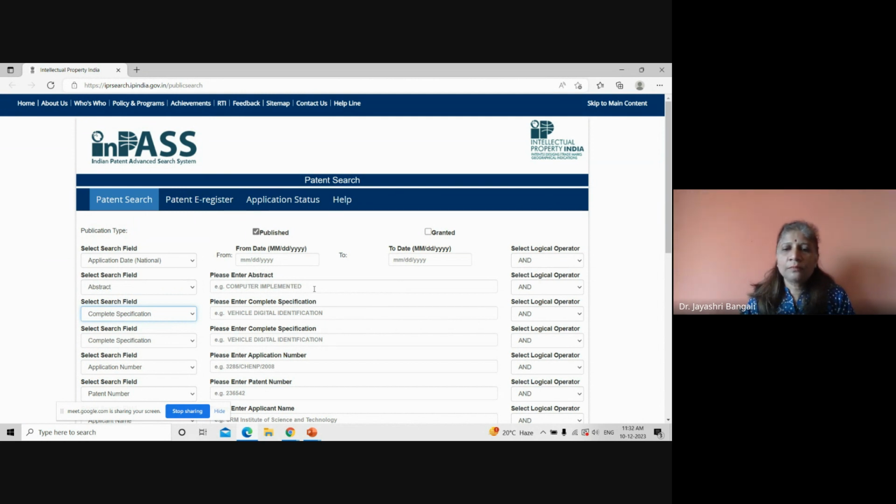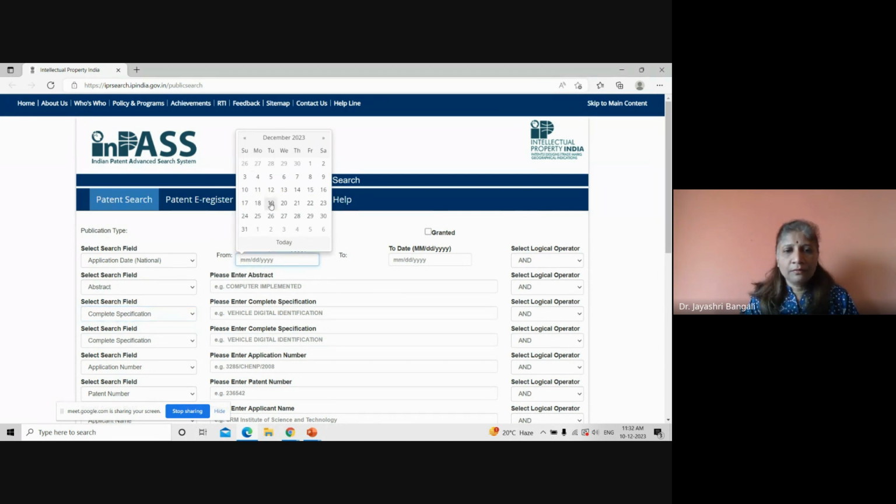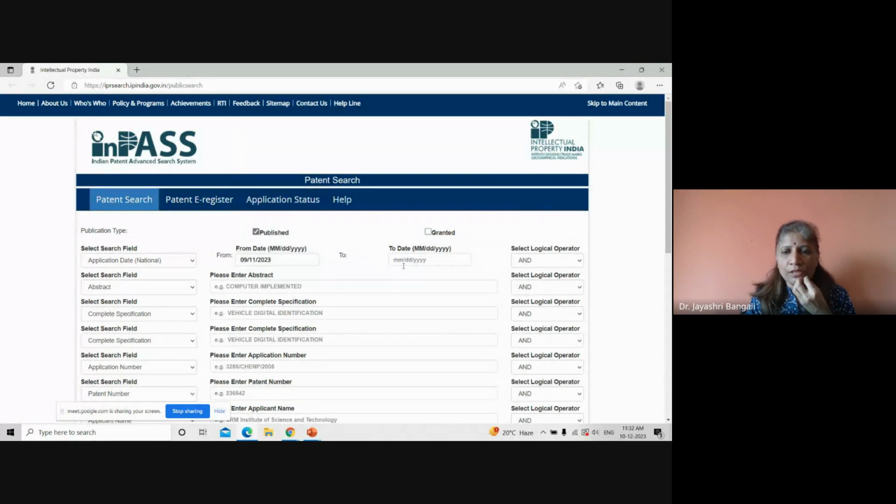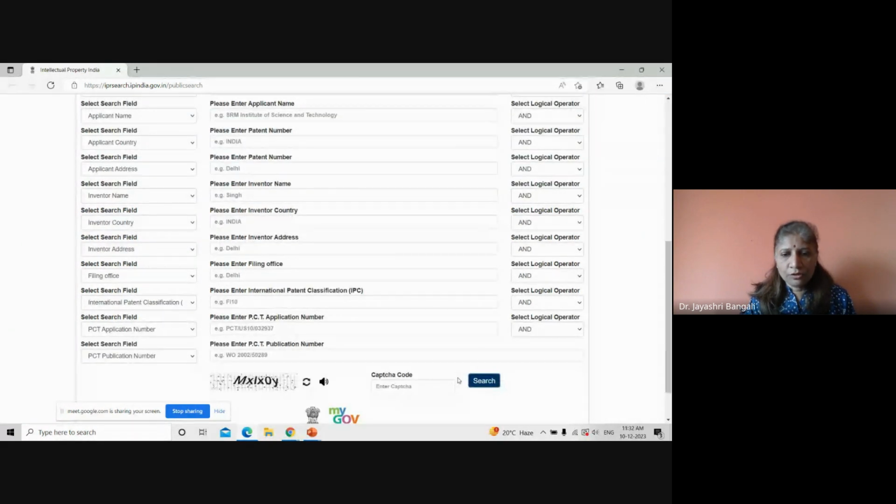Suppose you want to check granted patents from 11 September till today. Today we are at the 10th, so you can select the date and search. You have to type a captcha code here and then you can search.